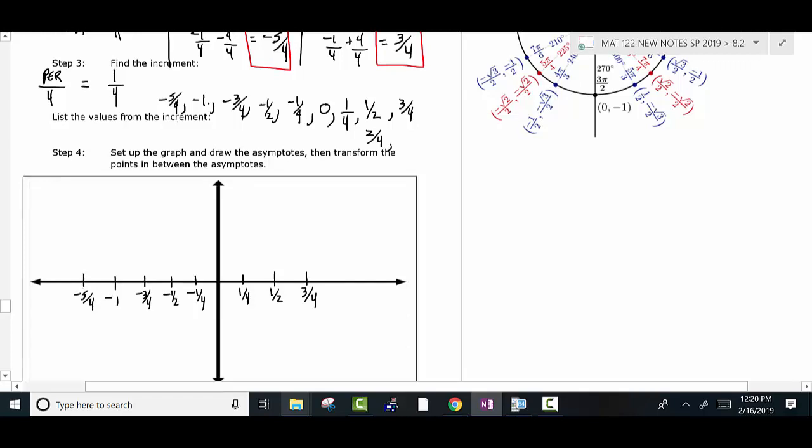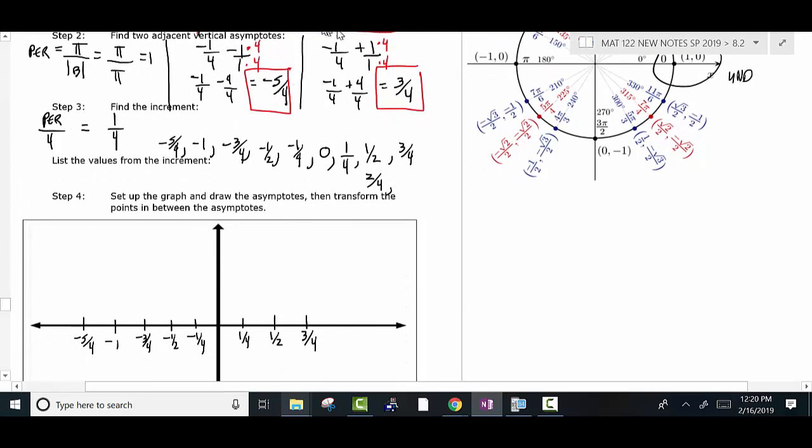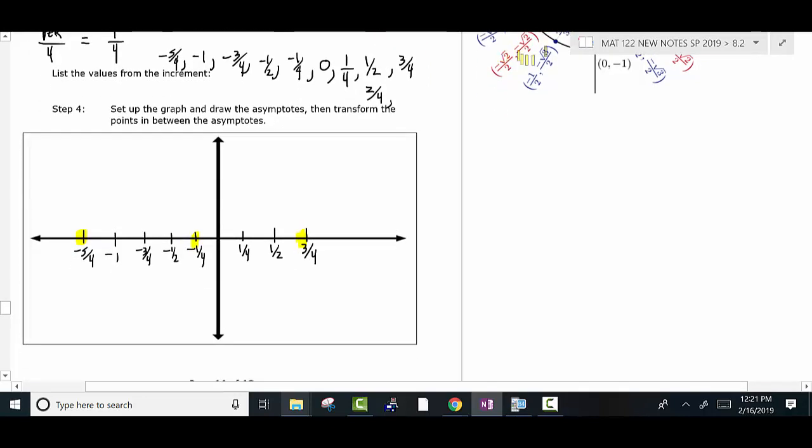Okay, our asymptotes, we had an asymptote at negative 5/4, negative 1/4, and 3/4. And I want you to notice, if you count to 5, what happens? It's just 1, 2, 3, 4, 5. You have an asymptote. Go this way, 1, 2, 3, 4, 5, you have another asymptote. So we're getting the 5 key points that we need here.